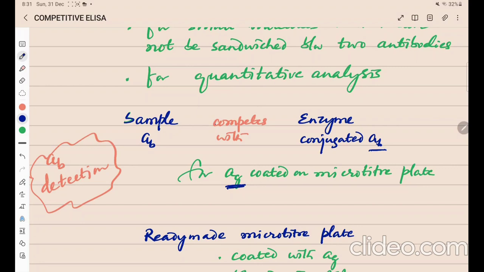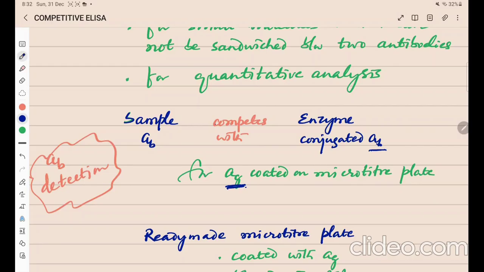If the sample has more antibodies, then the antibody in the sample will bind to this. There will be no binding of the antibody conjugated with enzyme. If our sample has less antibodies, then in the competition, whose concentration is more? The concentration of antibody conjugated with enzyme will be more.